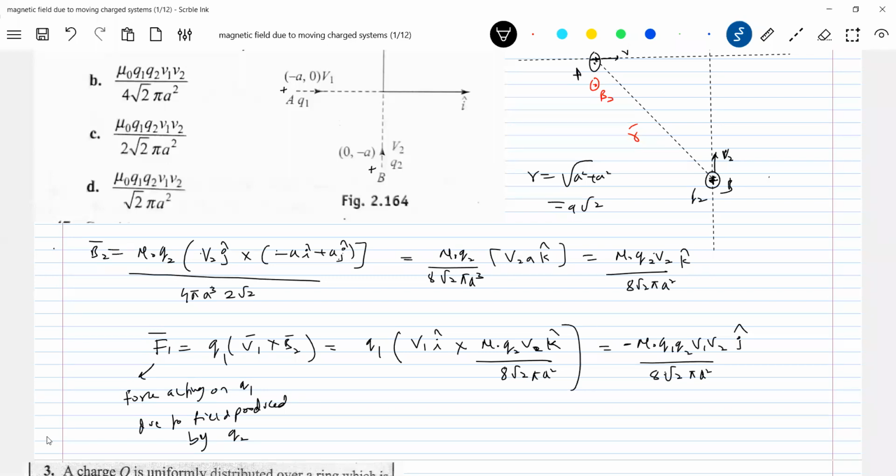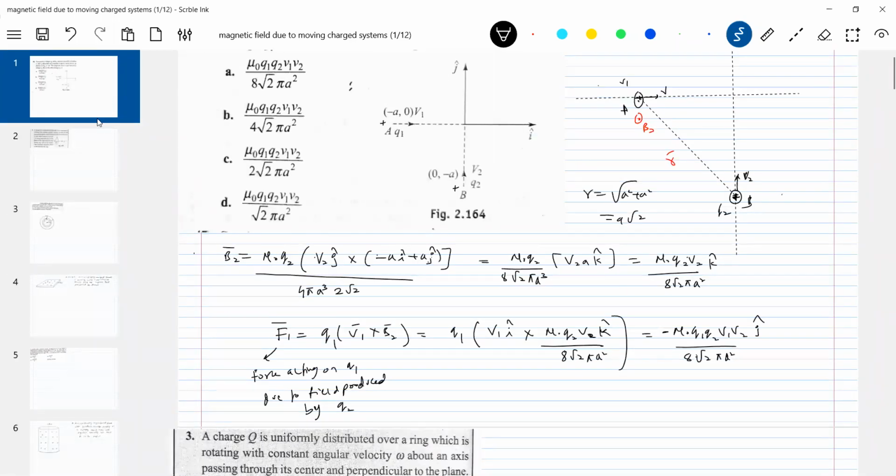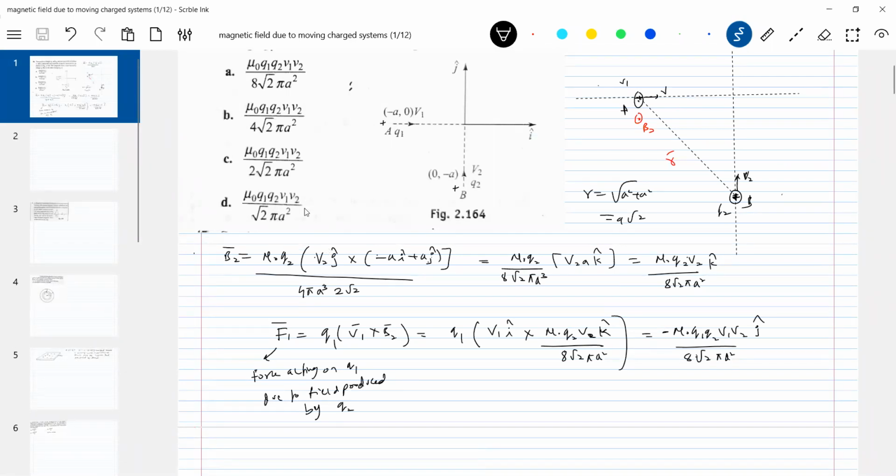Will it be equal and opposite? So we have to be really very careful about the conditions here, no?